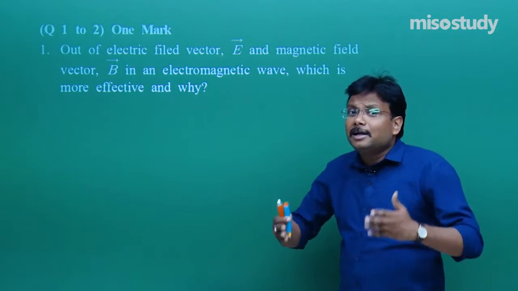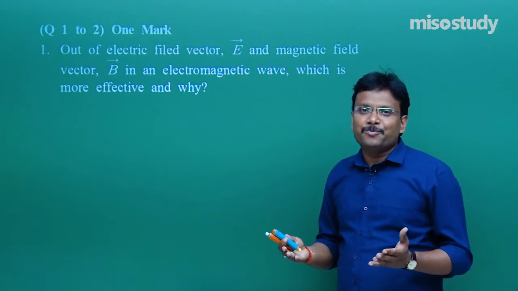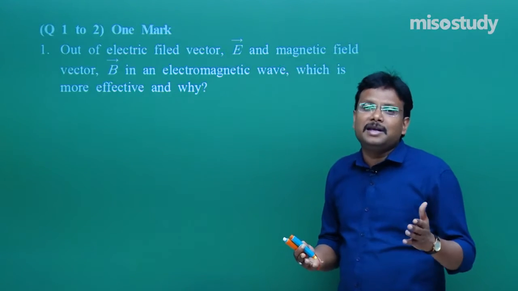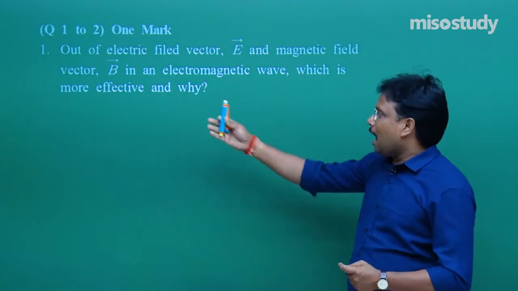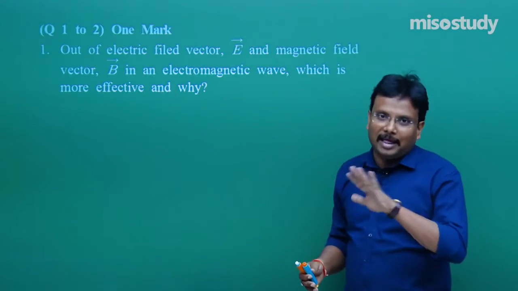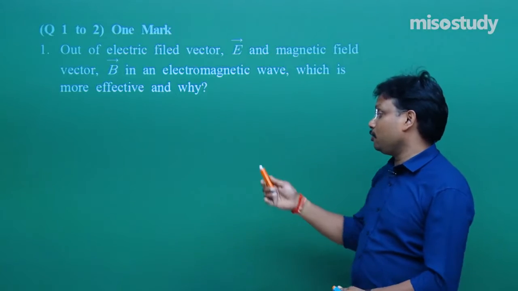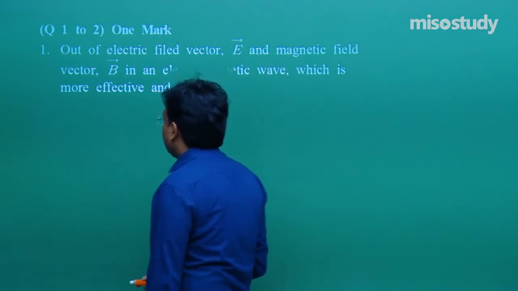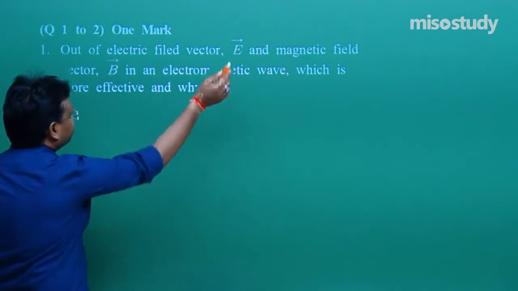Which term is associated with so many concepts, and which term is more effective? And also you have to answer why. So, let us try to find out the solution of this question.